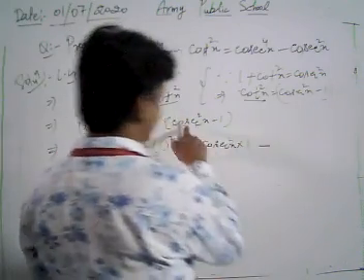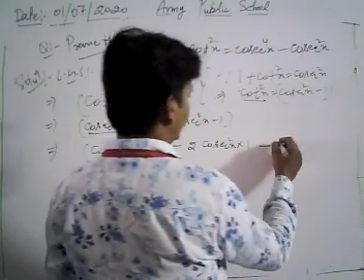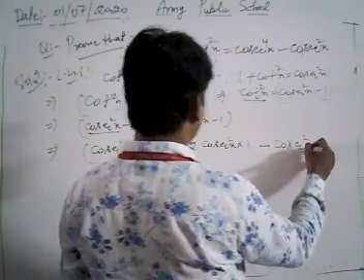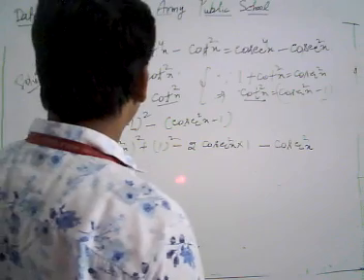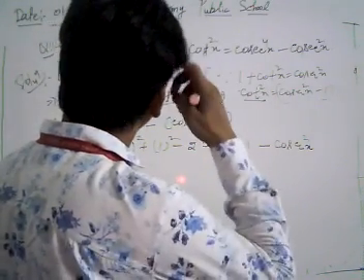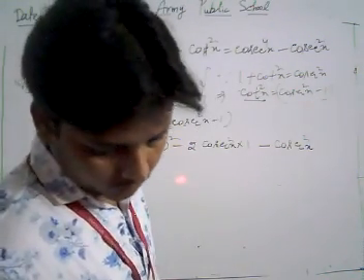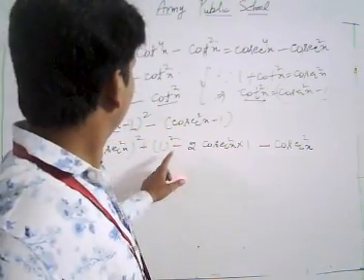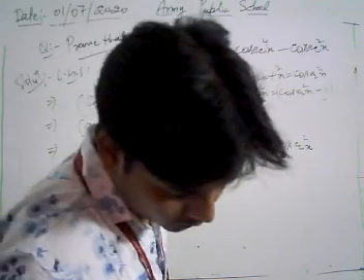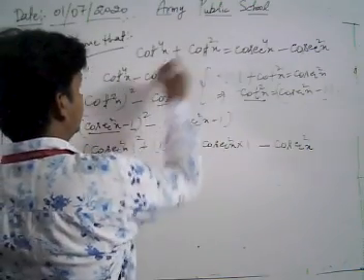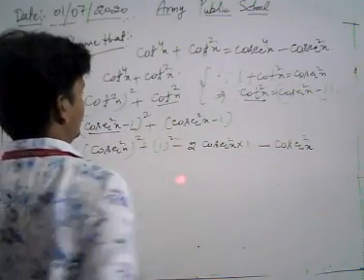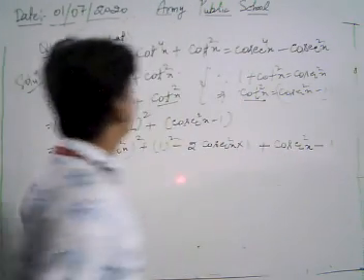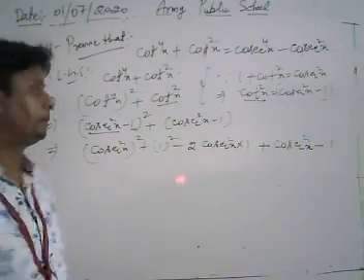Minus, we split this bracket, we get minus cosec square x, sorry, in that question here is plus, plus 1.